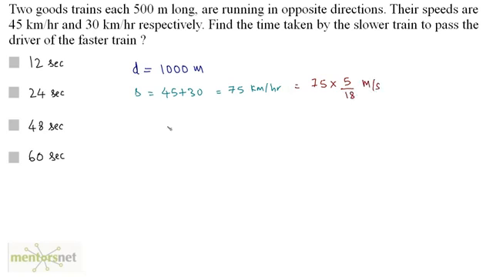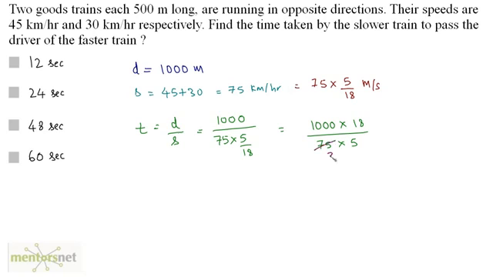So you have the distance, you have the speed. So time is equal to distance upon speed. So the distance is 1000 meters, speed is 75 into 5 by 18 meters per second, and that's 1000 into 18 by 75 times 5.